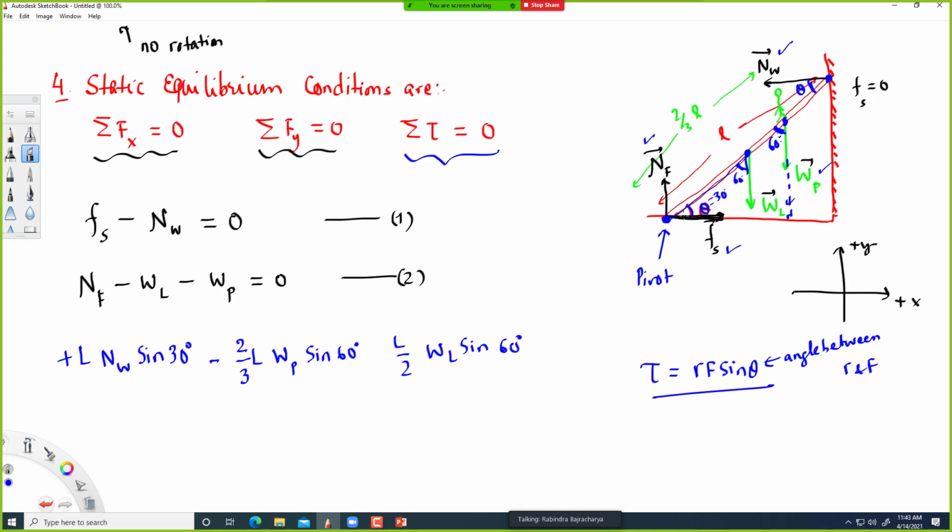And then these two won't produce any torque because the distance between the force and the pivot is 0. So that's 0. And that should be 0. Okay? So this is the third equation.